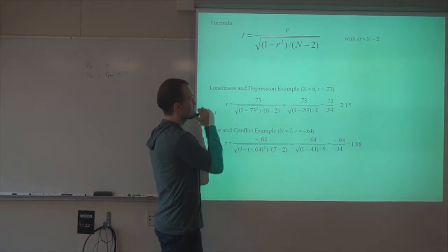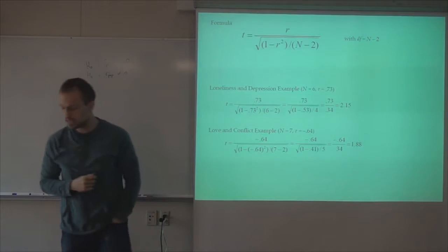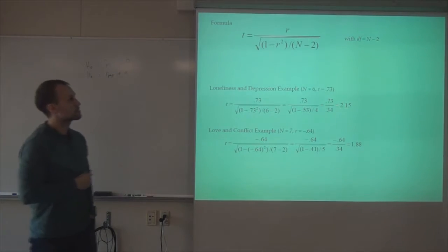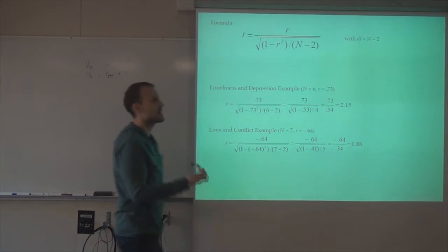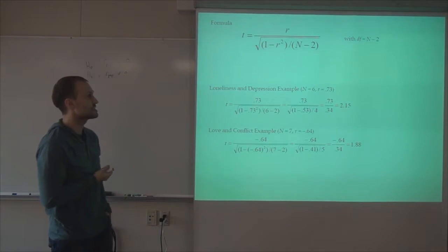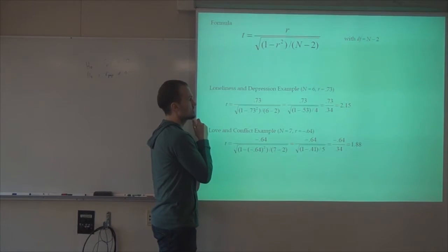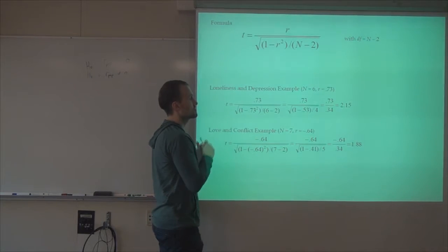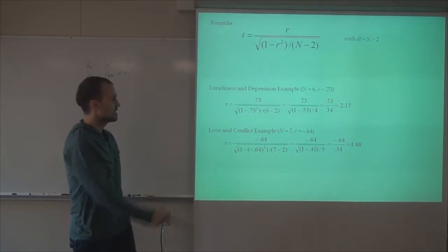So I look at my loneliness versus depression example. I had a sample size of 6 and a sample correlation coefficient of 0.73. I calculate the observed t-score and I get 2.15.